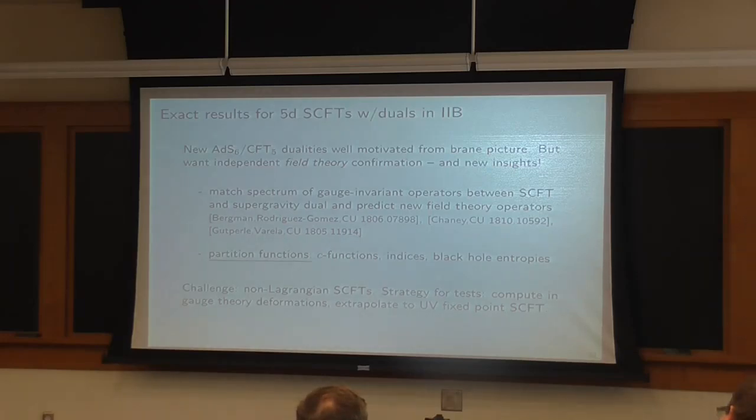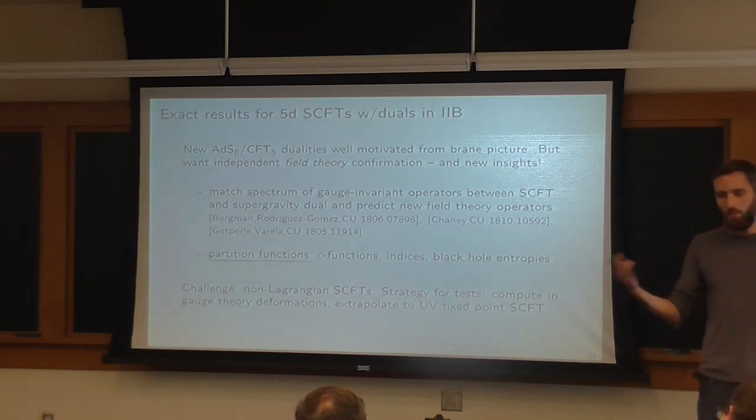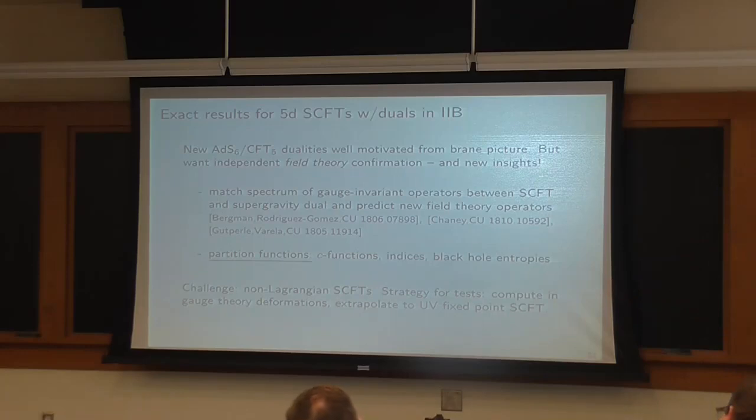But the first thing you would probably ask if someone hands you an AdS/CFT duality is, do the two sides, AdS description and field theory description, agree on the spectrum of gauge invariant operators? So there's some basic kinematic data which we check. And the challenge we're facing here, of course, is that we're dealing with a non-Lagrangian superconformal field theory.